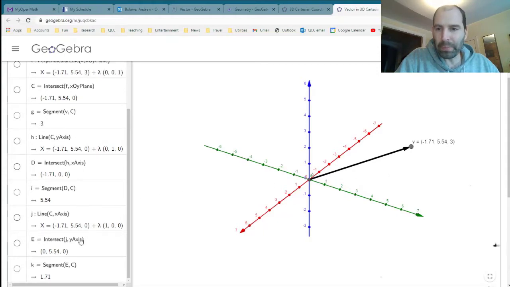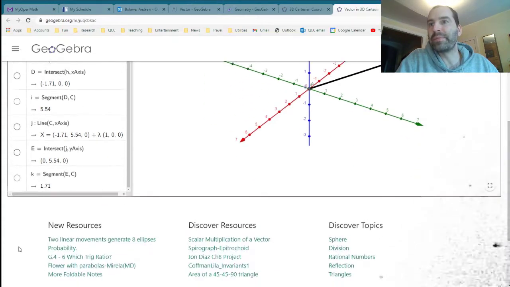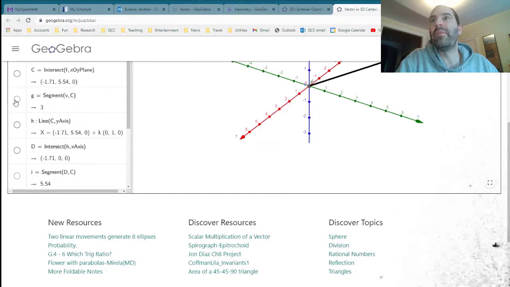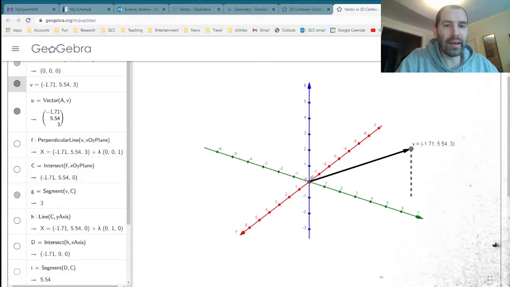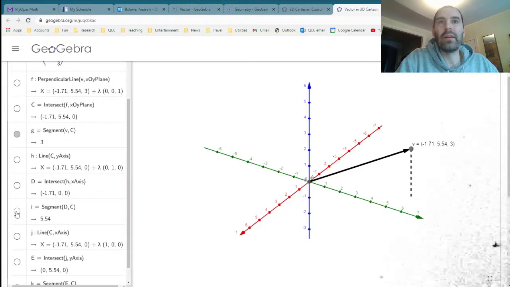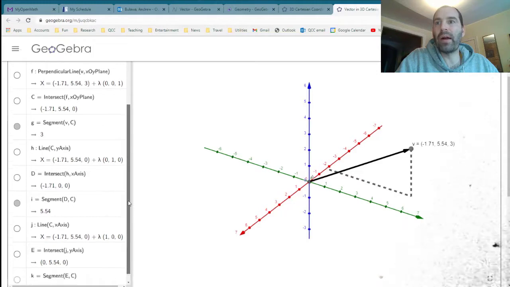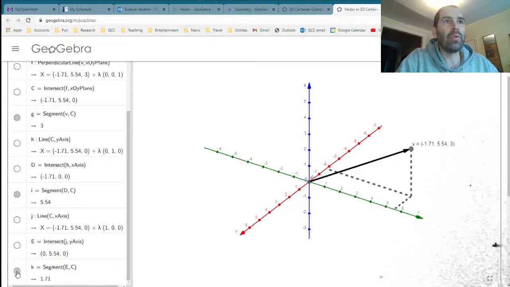But it helps to extend a dashed line below the vector down. Oops, that's not the right one. Which line is that? That one. So I just drop a line down to the xy plane, and then I'll drop a line over to the x-axis, and then I'll drop a line over to the y-axis.